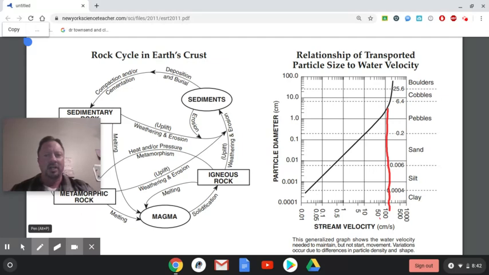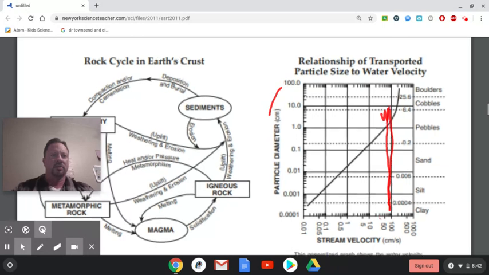So it wouldn't be cobbles or boulders. This is something that would be letting go some of the bigger pebbles, because once we get to 100, it's letting go some of the pebbles.